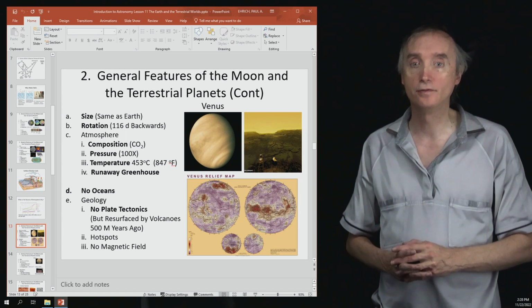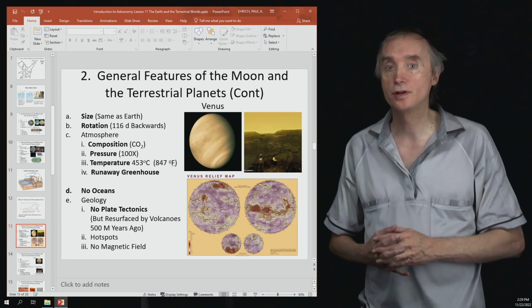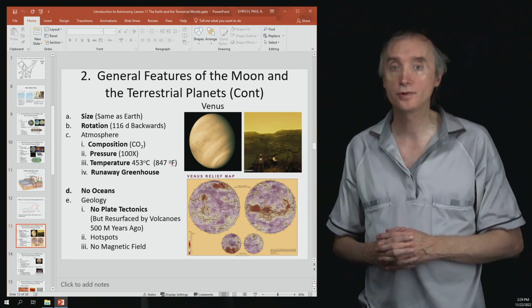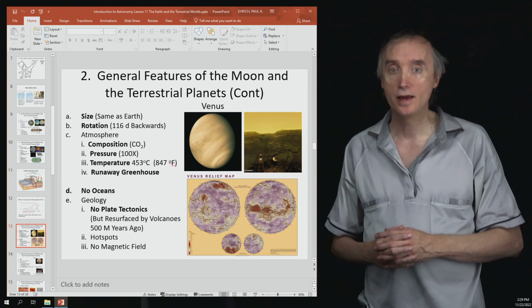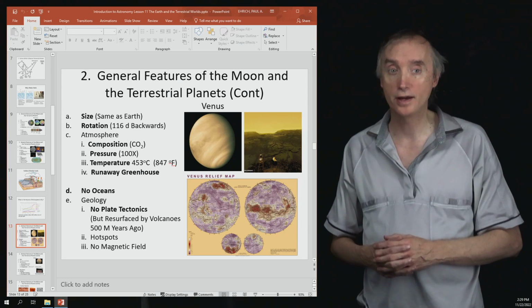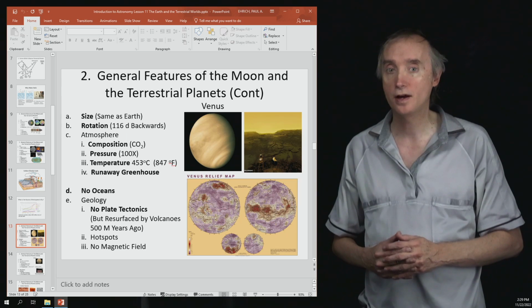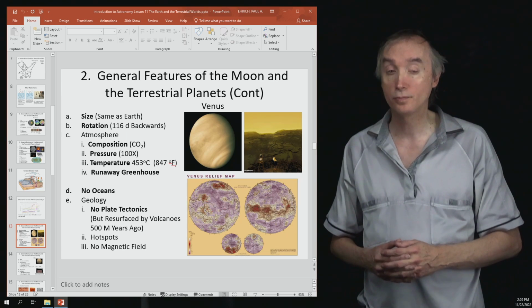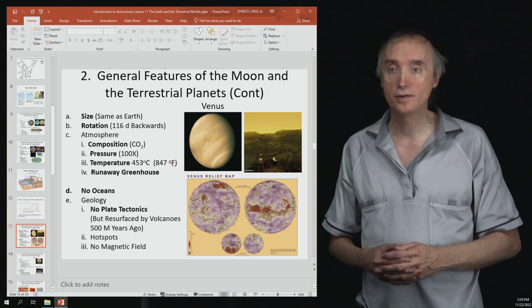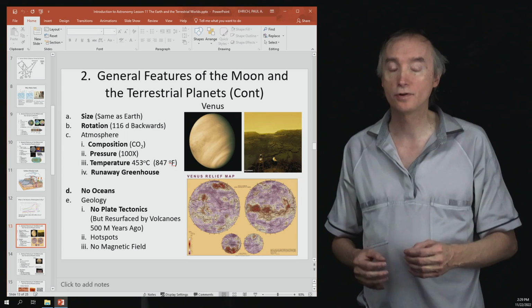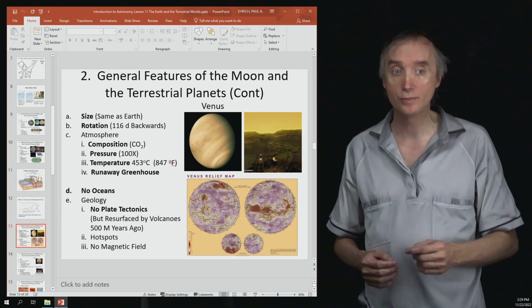The atmosphere of Venus is composed of 99% carbon dioxide. And the pressure is great. So the pressure on Venus is 100 times the Earth pressure. So we say that the pressure of Earth's atmosphere is called 1 atmosphere.